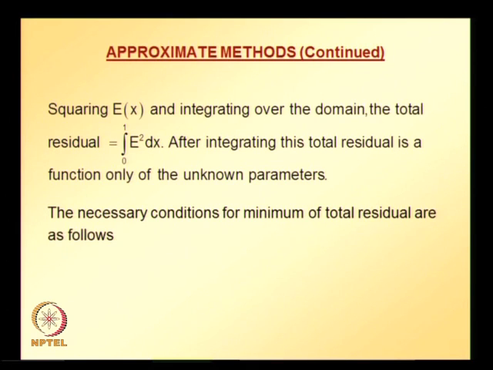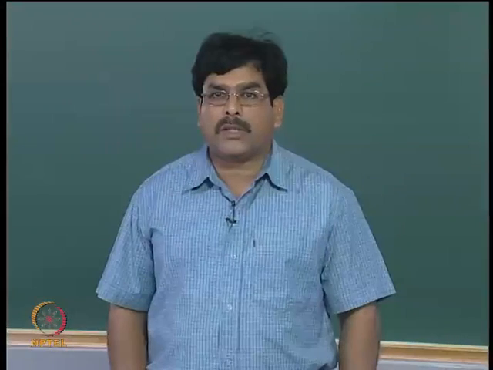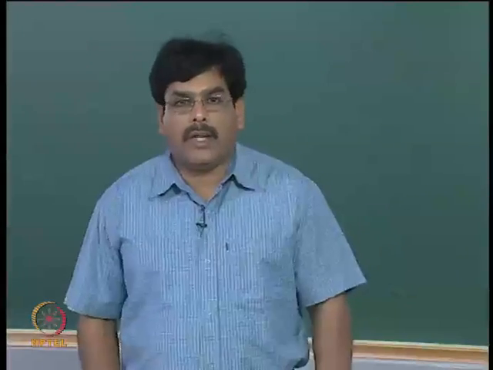The necessary condition for the total residual to be minimum is, at this stage recall that if a function f which is a function of x is given to you, and you are asked to find what value of x makes this function minimum, the first thing that you do is take the first derivative of f with respect to x, equate it to 0, and solve for x.